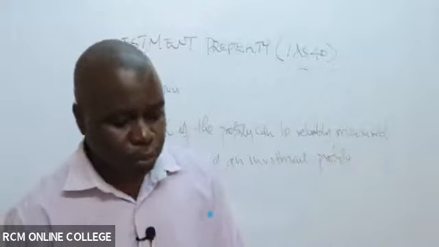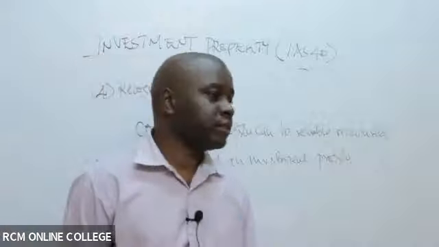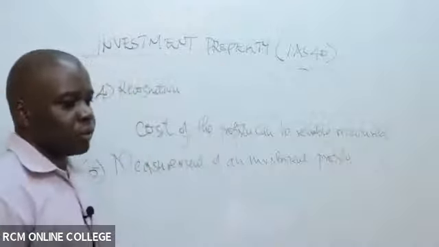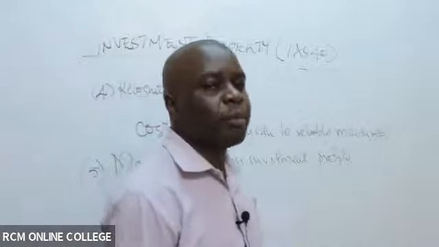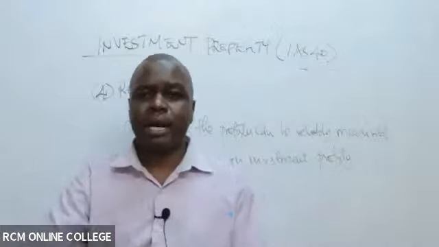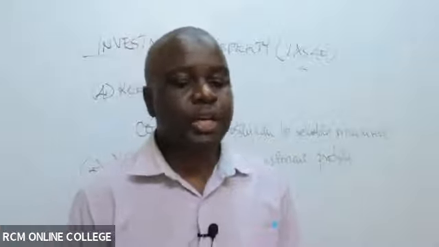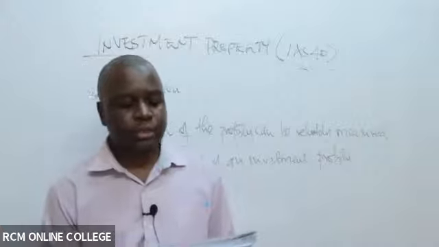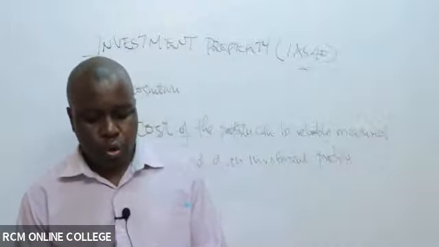So you can write and say, it will initially be measured at cost. When it has been completed or constructed, or when you've acquired it, you measure it at cost. But as time goes by, it can appreciate or depreciate.